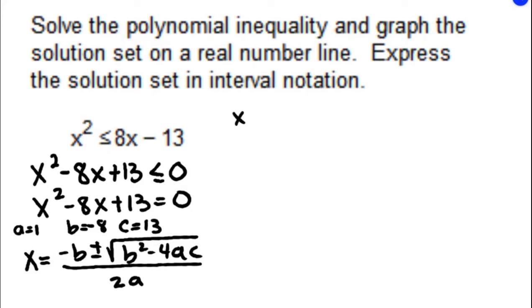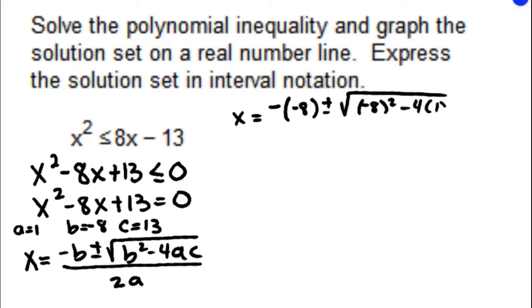So I'll substitute a, b, and c into the formula, and that gives negative b plus or minus the square root of negative 8 squared minus 4 times 1 times 13, all over 2 times 1. I'll start to simplify this.